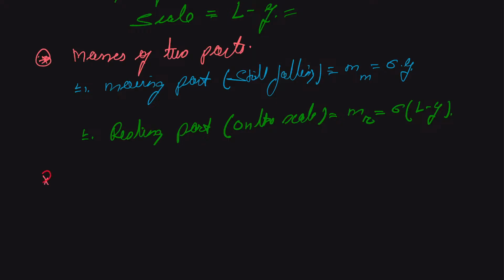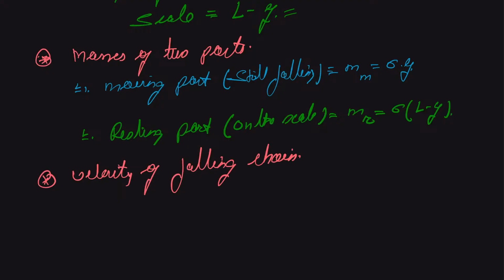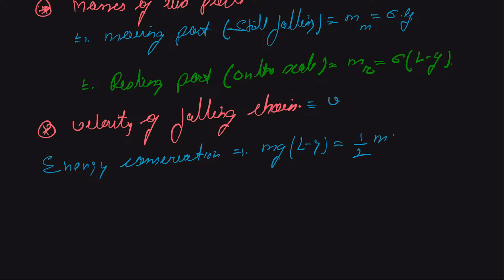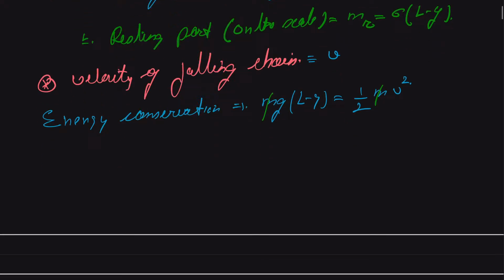Let us suppose that the velocity of the falling chain is v. As per energy conservation, because it starts from rest, mgh, and h is L minus y, will be equal to its kinetic energy, half m v squared. Here mass cancels out, therefore we get that velocity will be equal to the square root of 2g times L minus y.